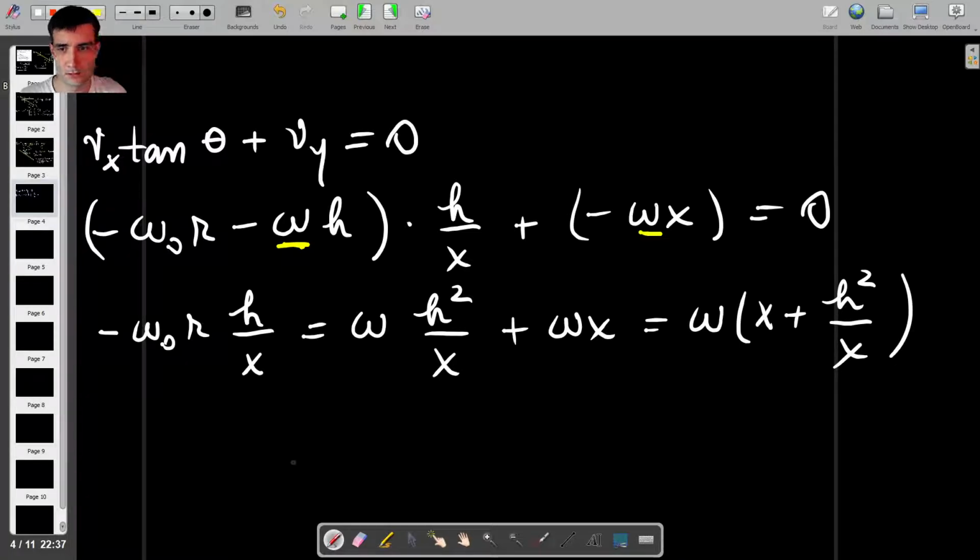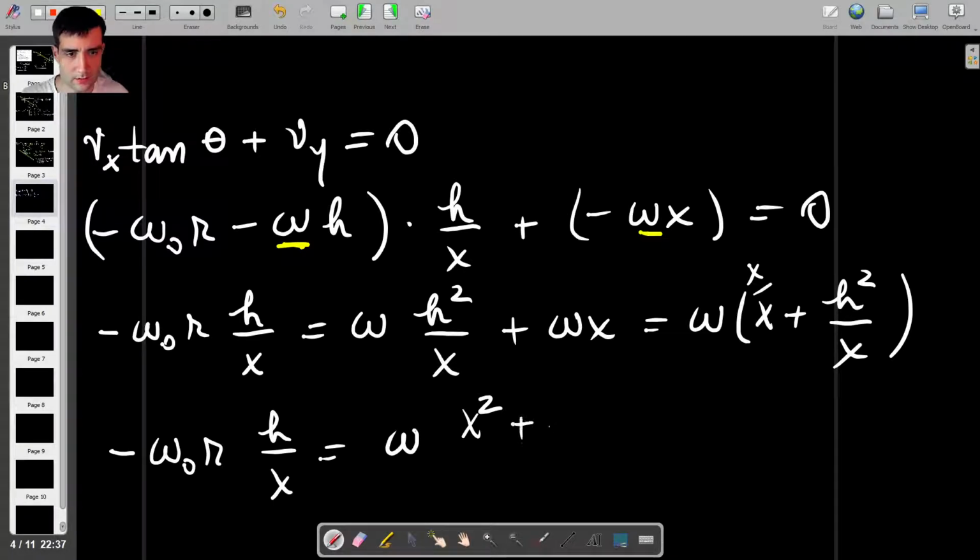Okay, so minus omega naught r h over x is going to be equal to omega, and then I can bring this to the same denominator just to get one fraction. So that's x squared plus h squared over x.